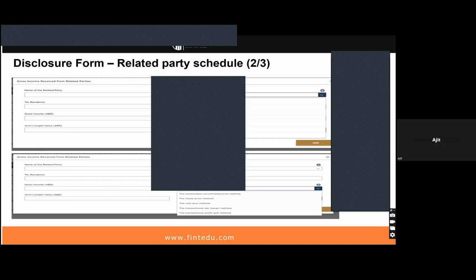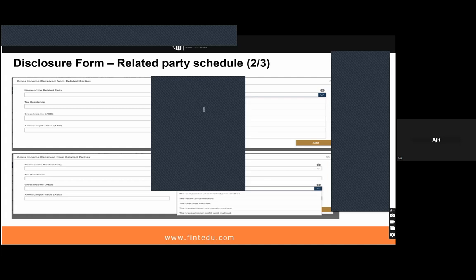In some cases, even if you are not crossing the 200 million threshold, it is important to maintain sufficient documentation. I always recommend a kind of memorandum. Even if you are not required to maintain a local file and master file, one can submit a kind of documentation rather than just the plain TP disclosure form, to bring more transparency and trust with the tax authorities.